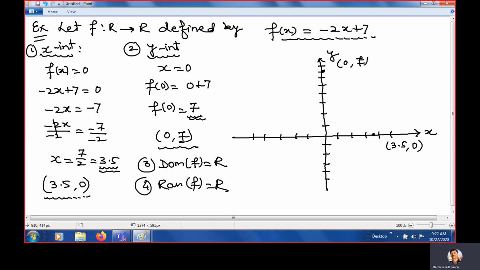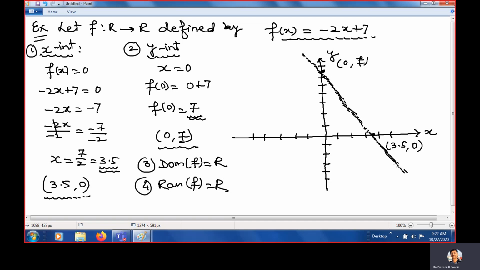Now you need to join these 2 points. Now with this pen it is very difficult, my students. Okay, no problem. So this is the straight line. You can draw this using a scale. Clear?